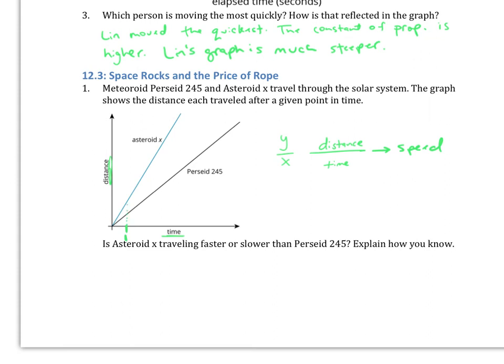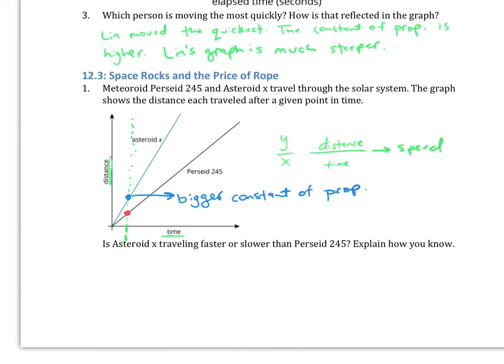So if I were to draw a line going up, I would see that the asteroid crosses here, where Perseid crosses here. So that tells me the asteroid X is going to have a bigger constant of proportionality.